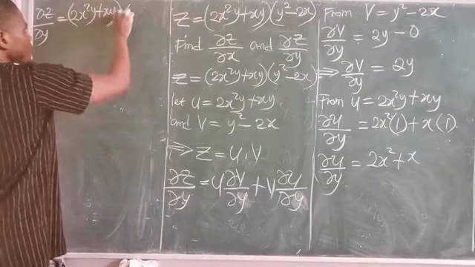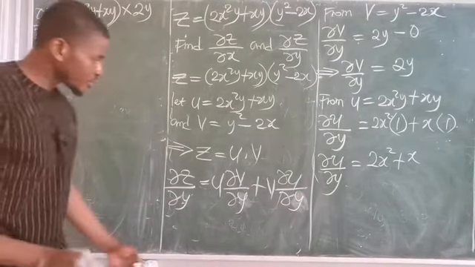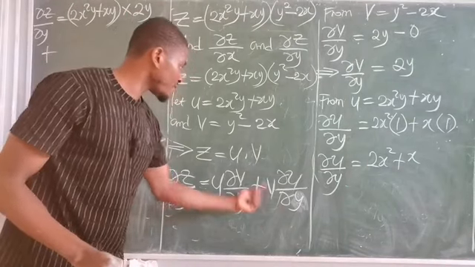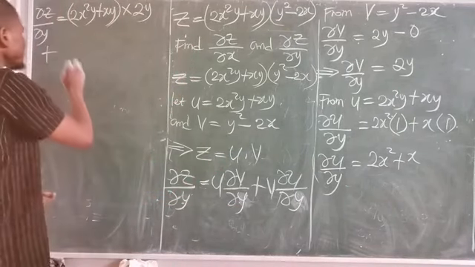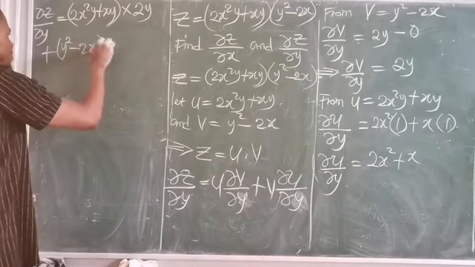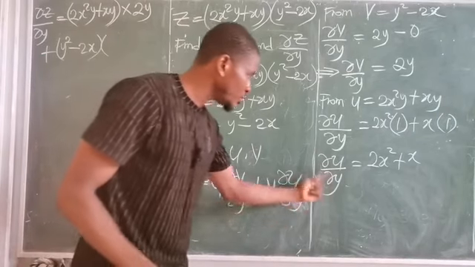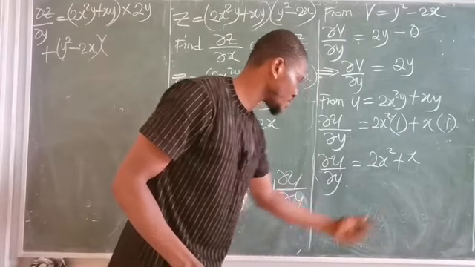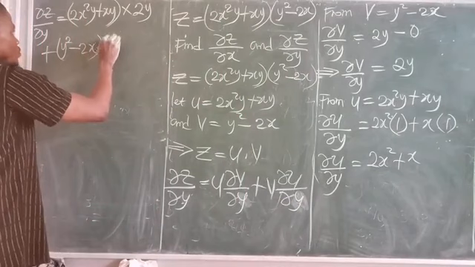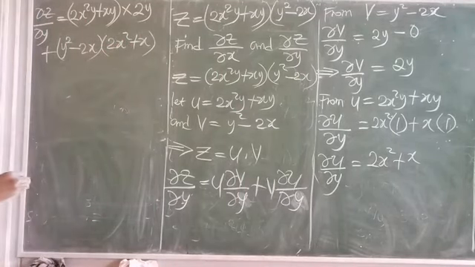So we multiply by 2y, plus, now you keep v constant, and v is simply y squared minus 2x. I have y squared minus 2x, and then you differentiate u with respect to y. The partial u partial y gave us simply 2x squared plus x. So we simply have 2x squared plus x. You may wish to also expand the bracket and see if anything can go.